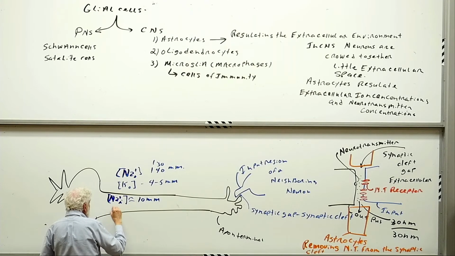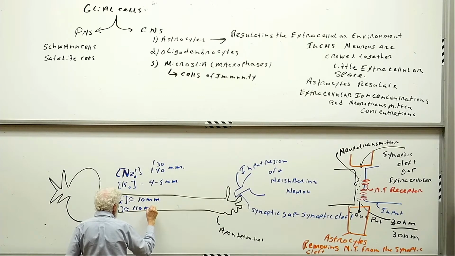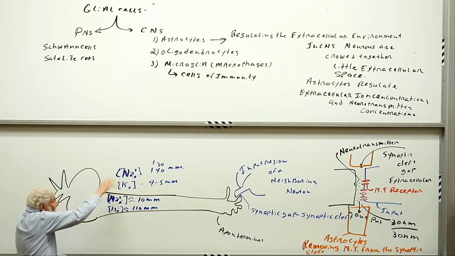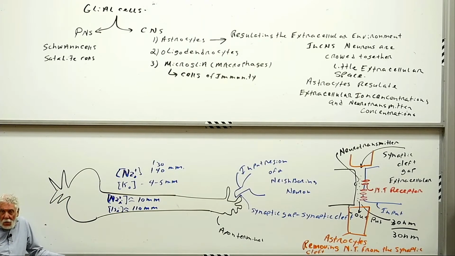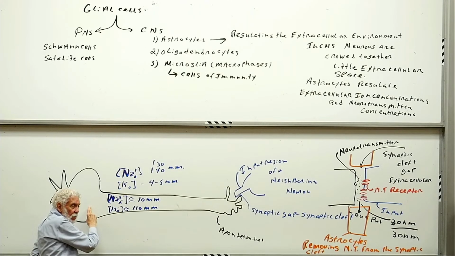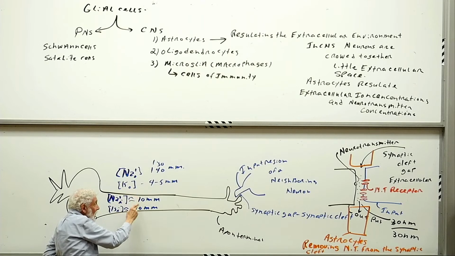And the potassium concentration on the inside is in the neighborhood of about 110 millimolar. These concentration gradients are essential for the signaling of neurons. Without these gradients, these neurons can't signal. These gradients need to be maintained at these levels pretty constantly.